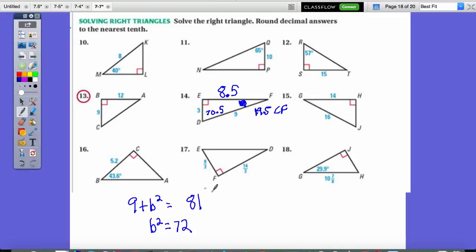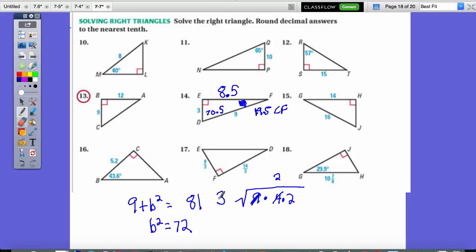I may ask you, though, for simplest radical form. So what you want to do is find factors of 72. I'm first going to use 9 times 8. The square root of 9 is 3. Now, 8 I can factor further into 4 and 2. The square root of 4 is 2.